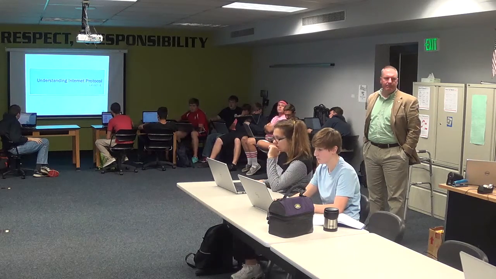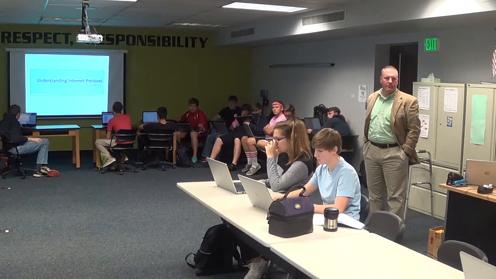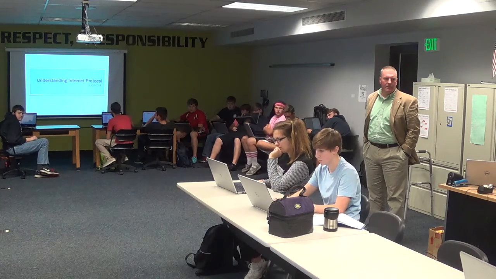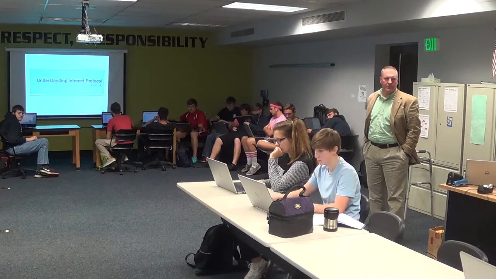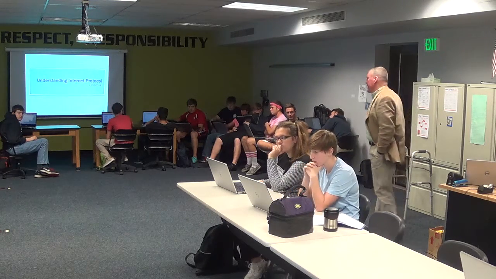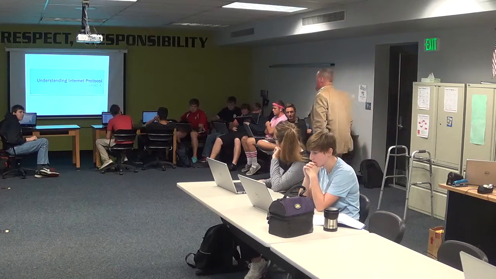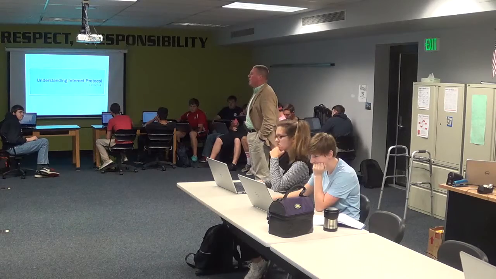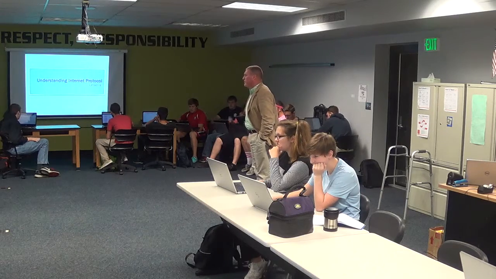Give me an example of a network address using the IP or Internet Protocol. Austin. Give me an example of an IP address. 168.255.10.5. That's an example of an IP address. And within that IP address, we have two components. What are they? Jason?